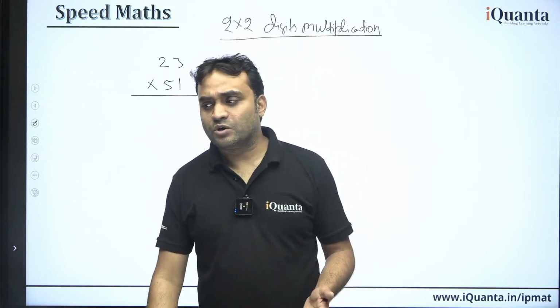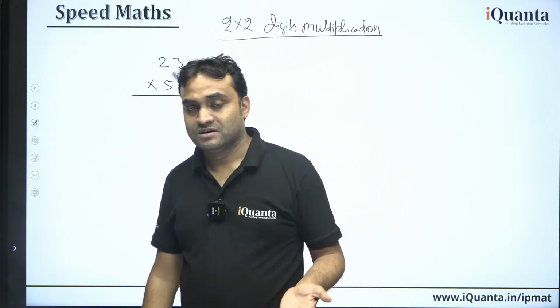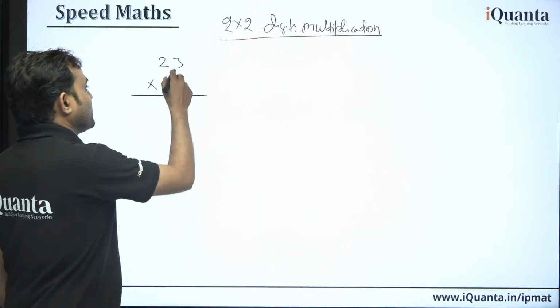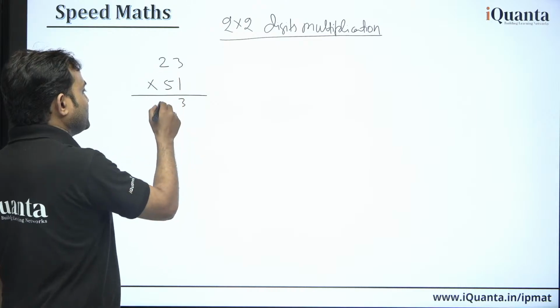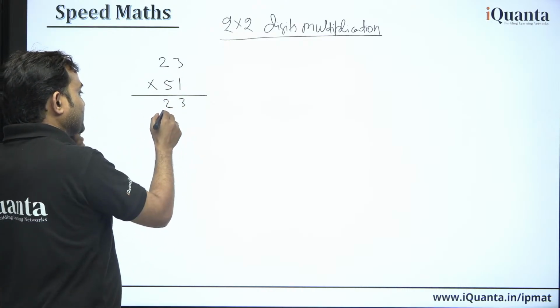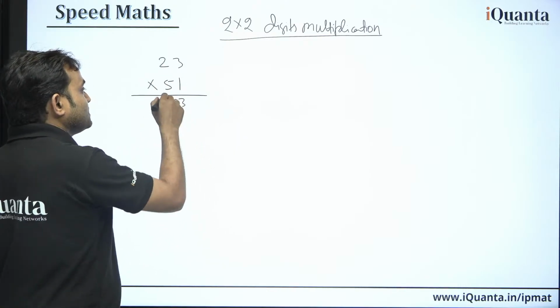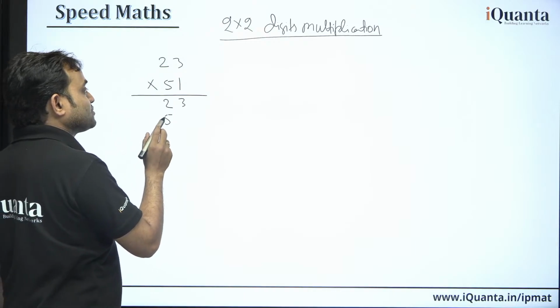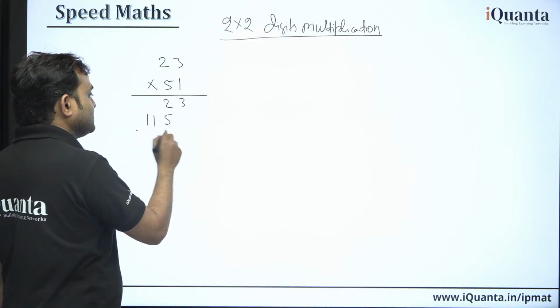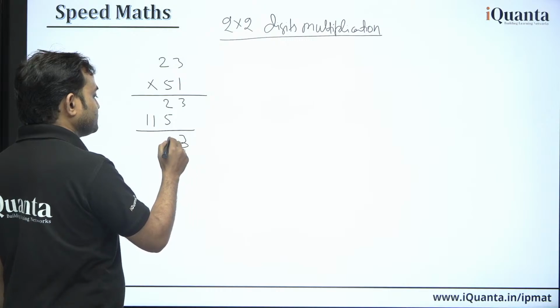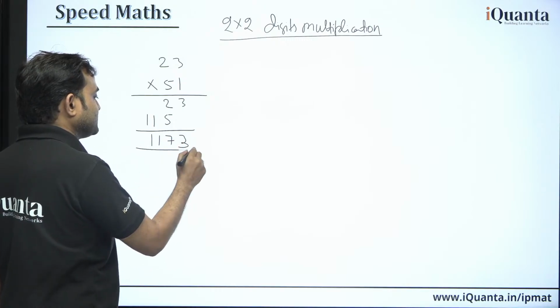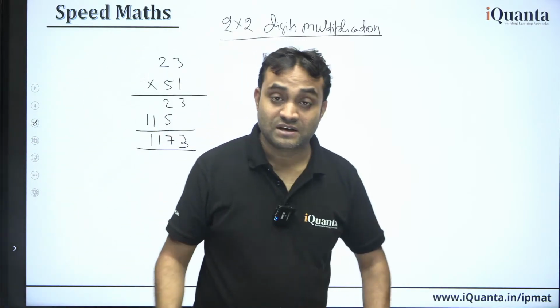Now we already know the basic method. So the basic method is 1 into 3 is 3, then 1 into 2 is 2, 5 into 3 is 15, carried forward 1, 5 into 2 is 10 plus 1, 11. Now we add this: 1, 1, 7, 3. This is how we do our calculation till now, right?